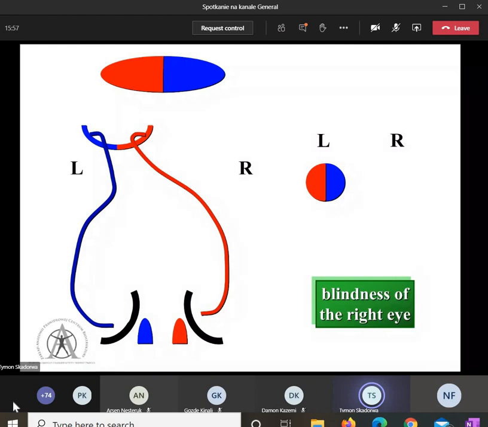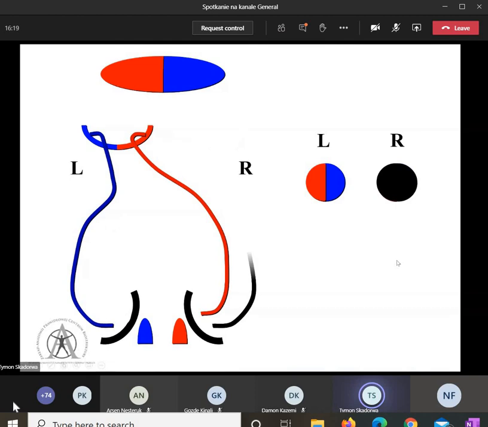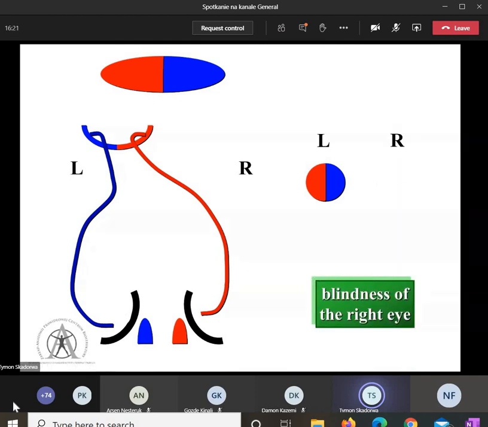So the result of this is very simple. If you cut the nerve or you cut the retina or something happens to the eyeball or to the optic nerve, but still before the level of the chiasma, then it will result in the blindness of right eye.